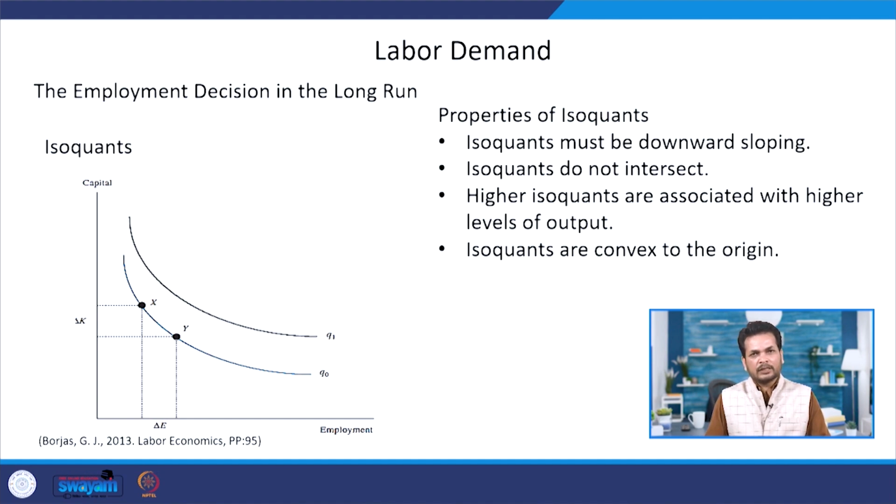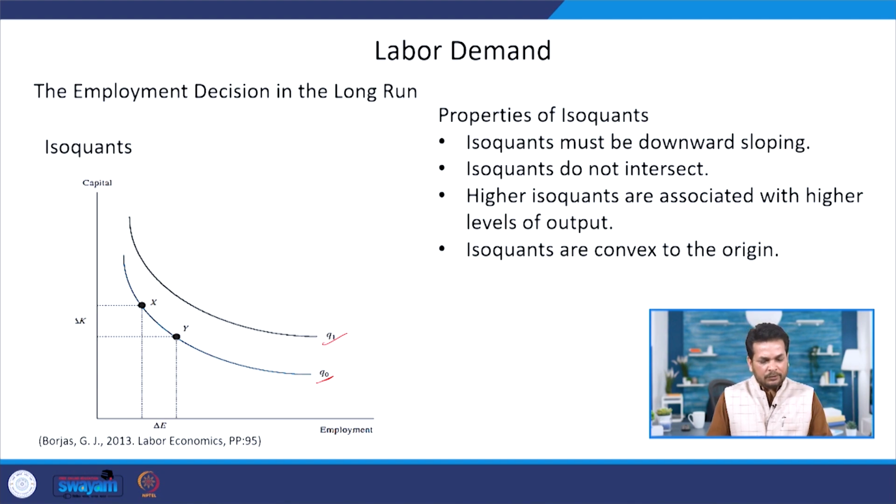Higher isoquants are associated with higher levels of output. So, Q1 produces a higher level of output as compared to Q0, and isoquants are convex to the origin. So, they are downward sloping, they do not intersect, higher isoquants are associated with higher levels of output, and they are convex to the origin. These are the properties of the isoquants.